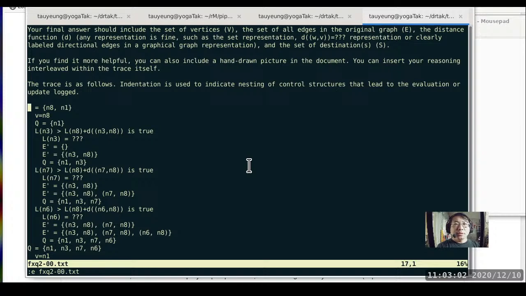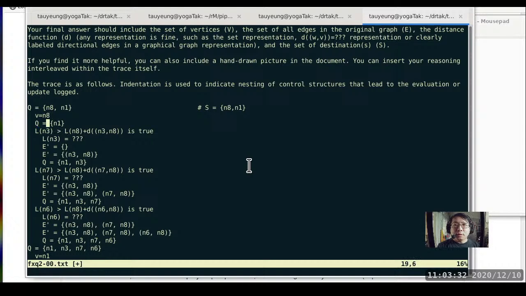I'm going to use a pound sign here to separate what is in the trace from my explanation and what I figure out at this point. What I figure out is the set S has exactly N8 and N1 in it, because that's how Q is initialized. It is initialized to be the set of all the destinations. So this part is rather easy.